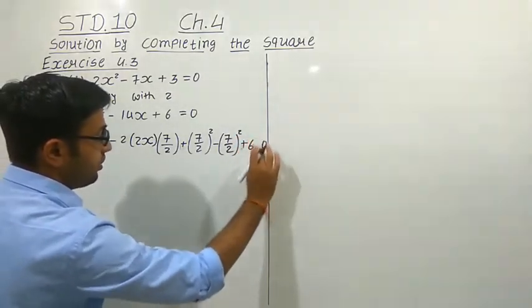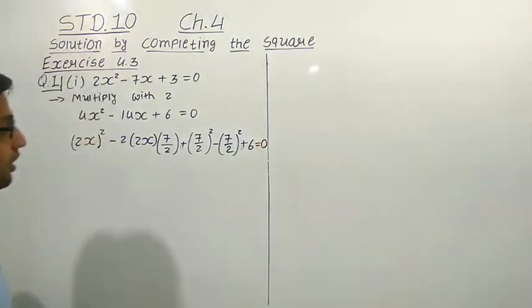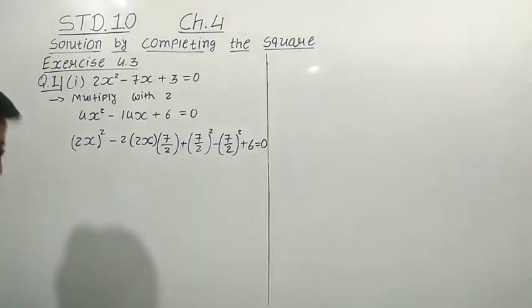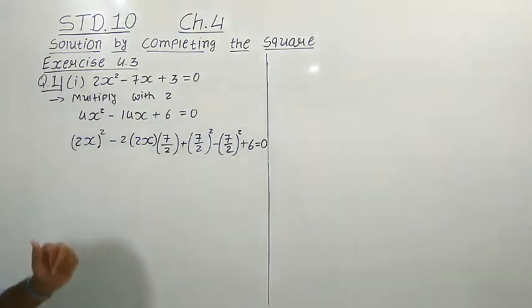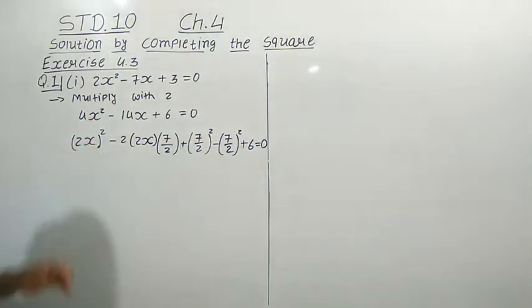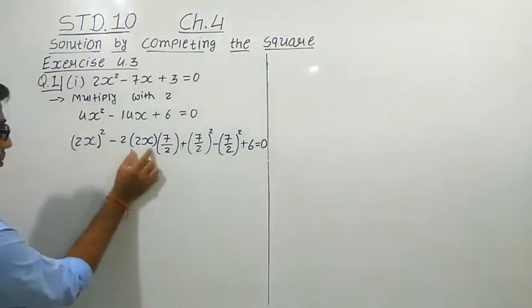So this is what we do here to make it a perfect square, right? You just have to follow the identity that we have studied earlier, that is a plus b whole square or a minus b whole square. According to that, we arrange the first term. Now we have to put down the second term, that is 2 into first term.